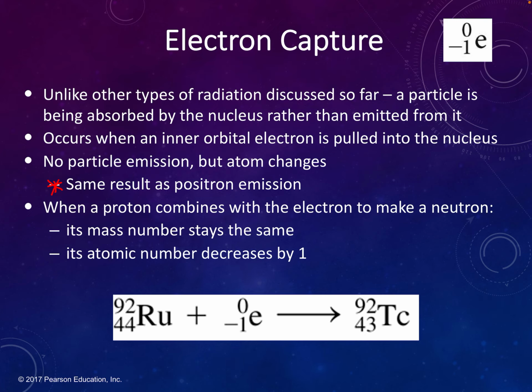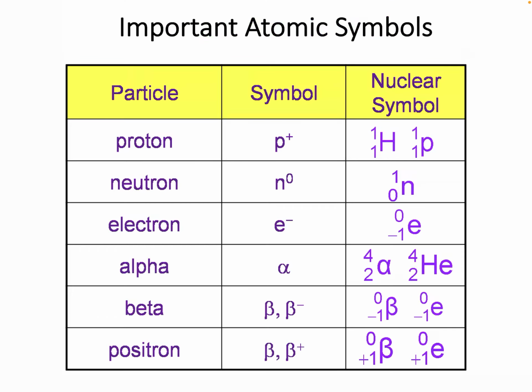Whether you underwent a positron emission or electron capture, they are different processes, but they end up with the same product. All right, so here's just a summary of some important atomic symbols we've talked about so far.